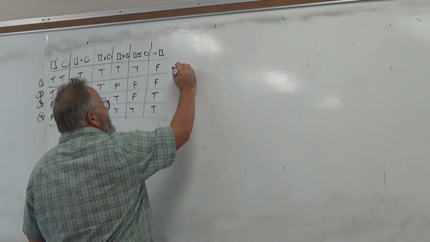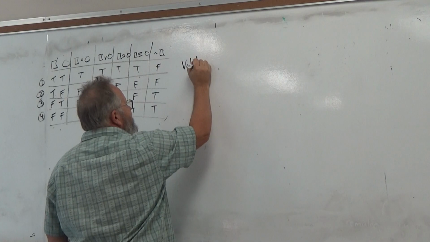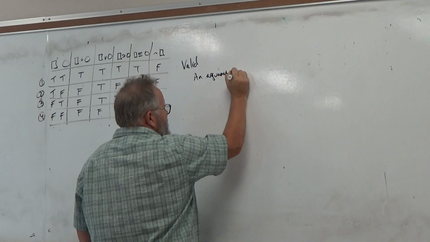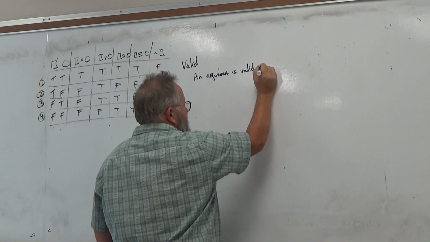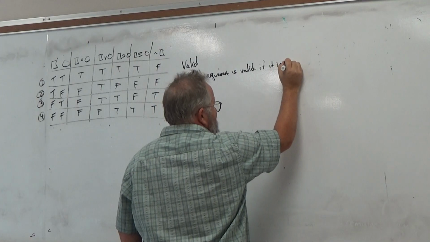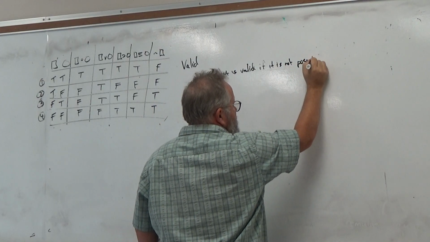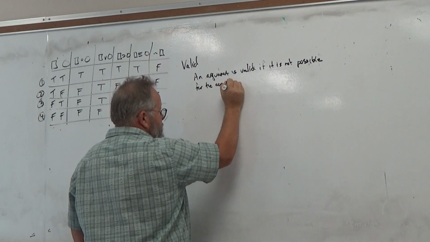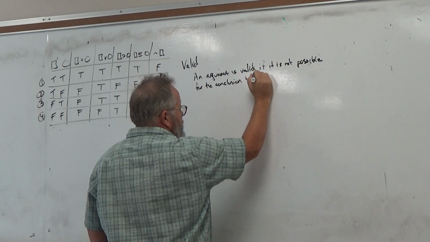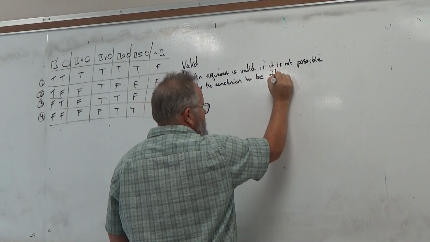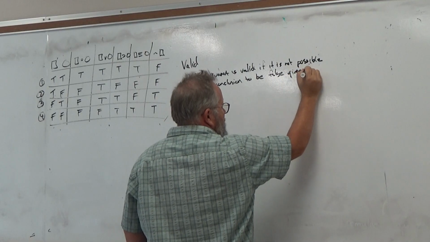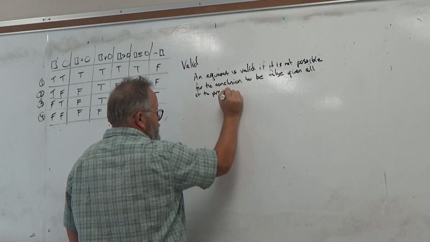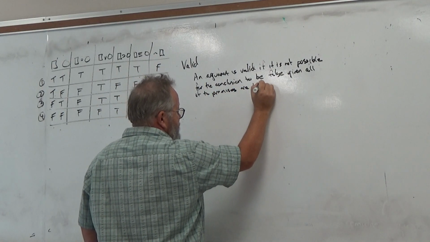So an argument is valid if it is not possible for the conclusion to be false given all of the premises are true, okay?